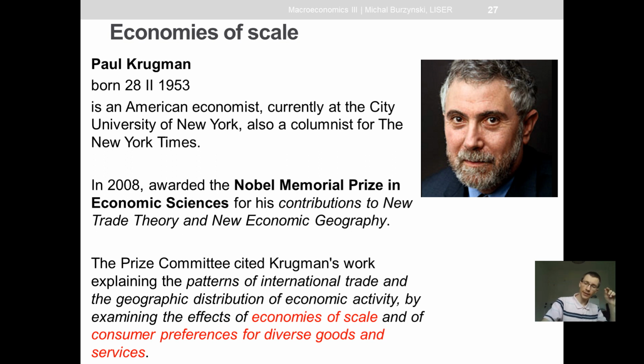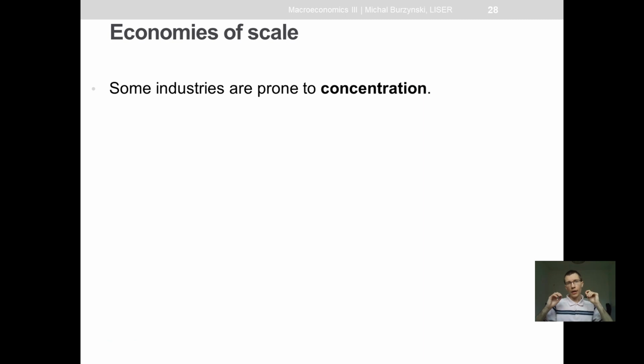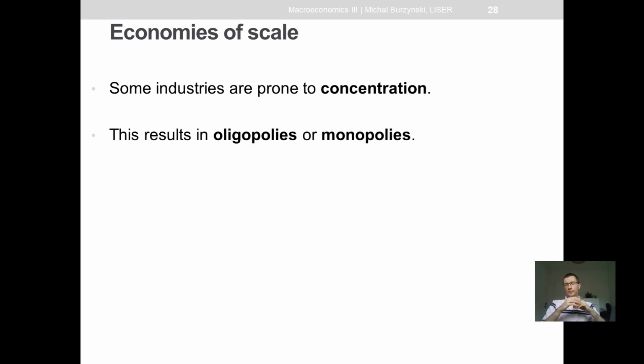There's still something that we have to mention in this respect. All right, so a short introduction into Krugman's world of economy. Some industries are prone to concentration, and you know this from your micro class that there are things which we call oligopolies or monopolies.